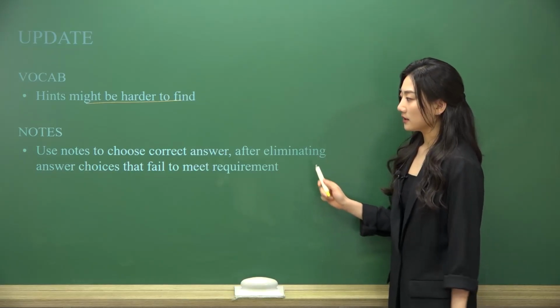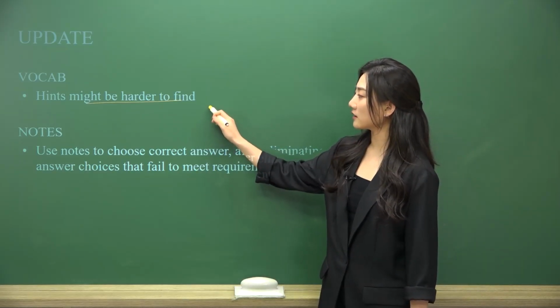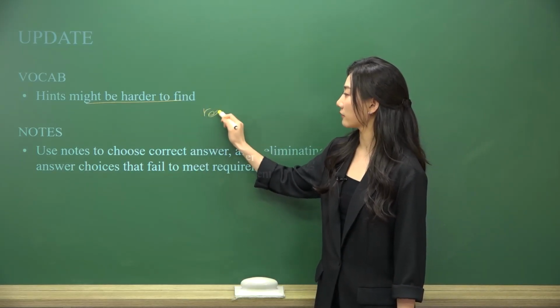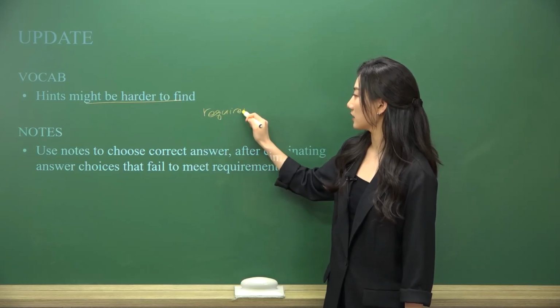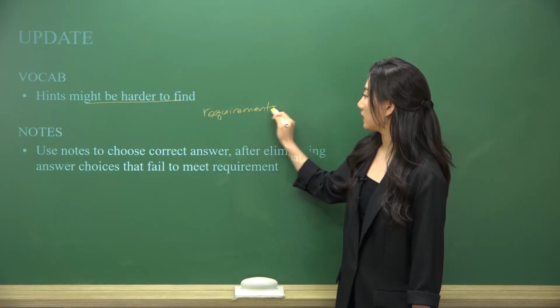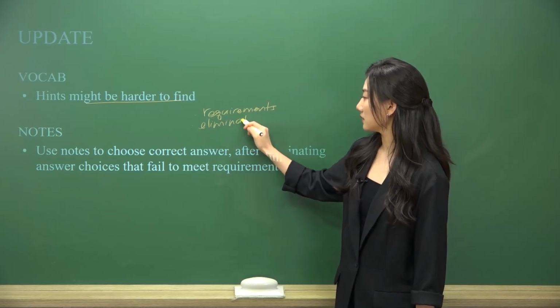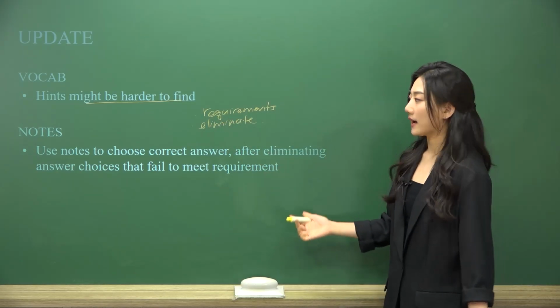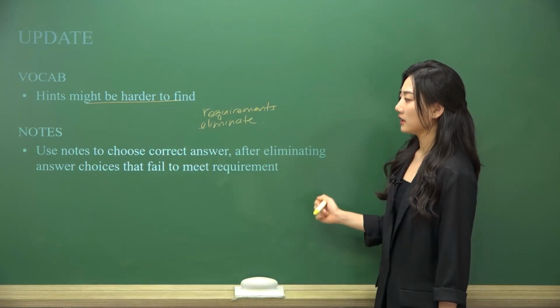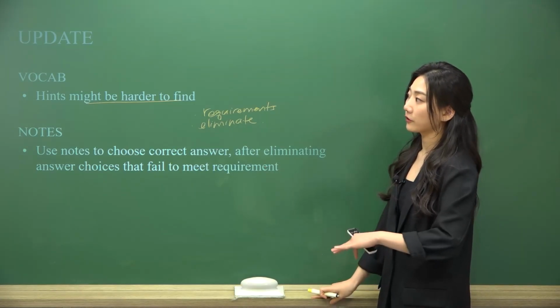I used to say that you read the requirements first, so the question first. Then we'll eliminate the answer choices. And most of the time, you don't need to check the data. And that was true for the first 4 tests.